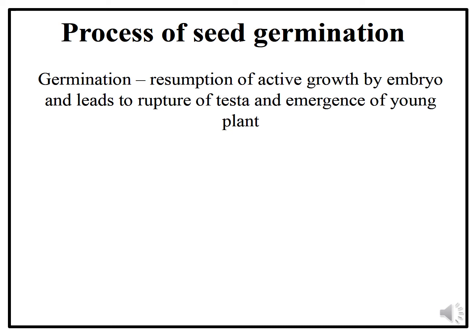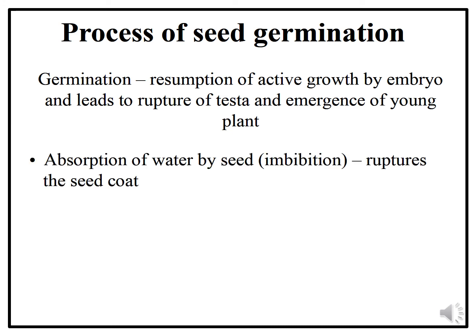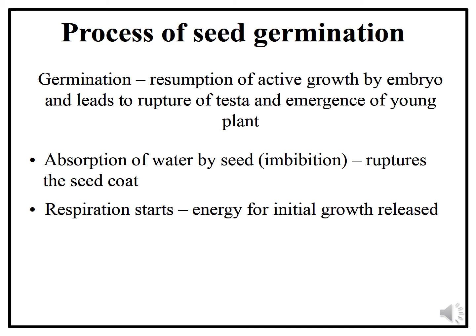So seed germination happens in three phases. The first one is the absorption of water by the seed through the micropyle, and that is called imbibition. And that absorption of water causes the testa, or the seed coat, to rupture. After the seed coat has ruptured, respiration within the seed starts.